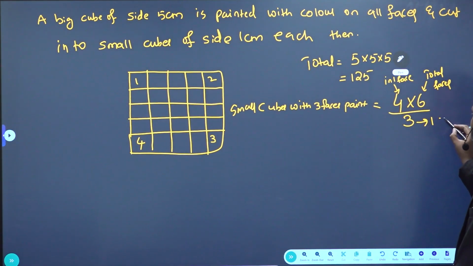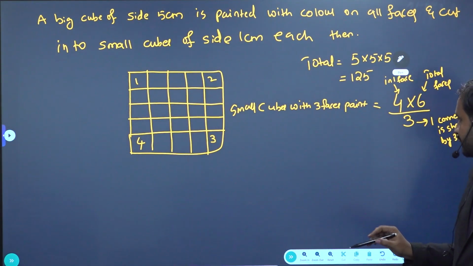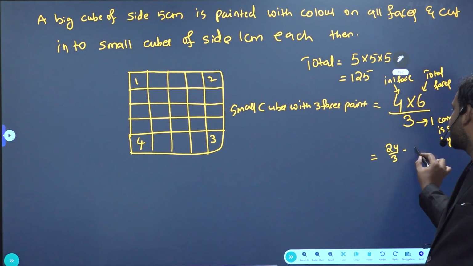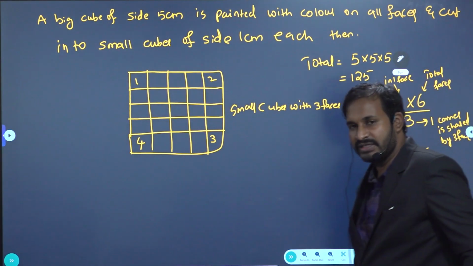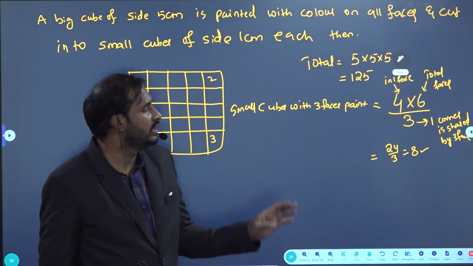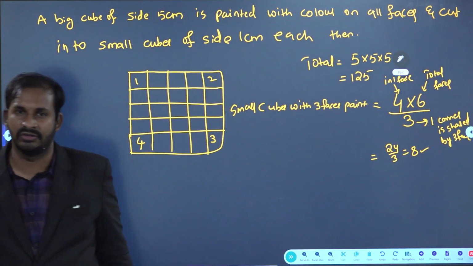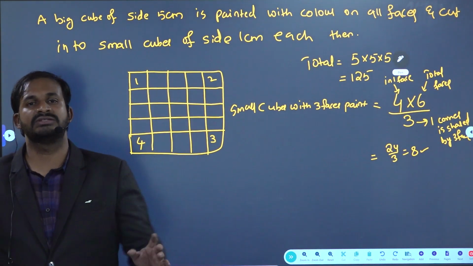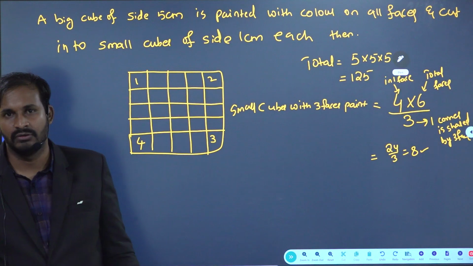So 4 times 6 is 24, and 24 by 3 becomes 8. So irrespective of the shape or cuts, the corners will always remain 8 only, students. No need to worry.